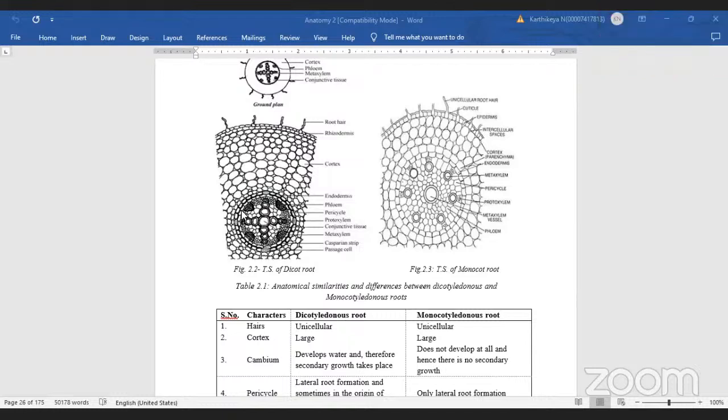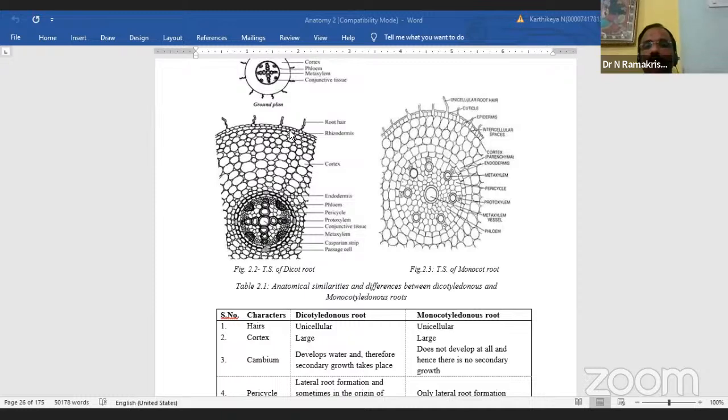What is the center part? Tell me, anybody. There are 3 divisions when we look at the root section. Stele, very good. The arrangements are different; later we'll discuss the arrangement.